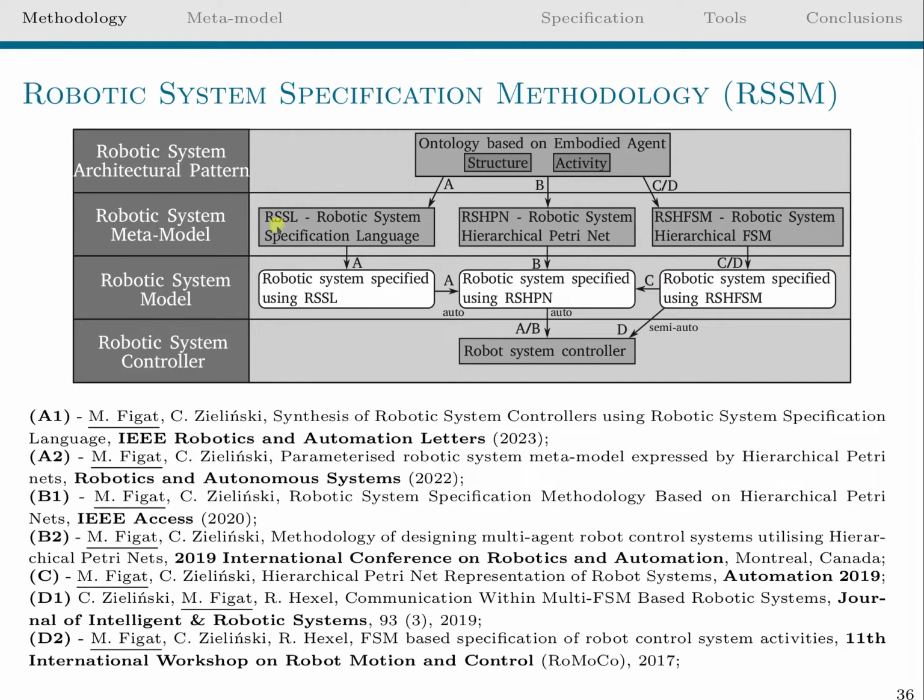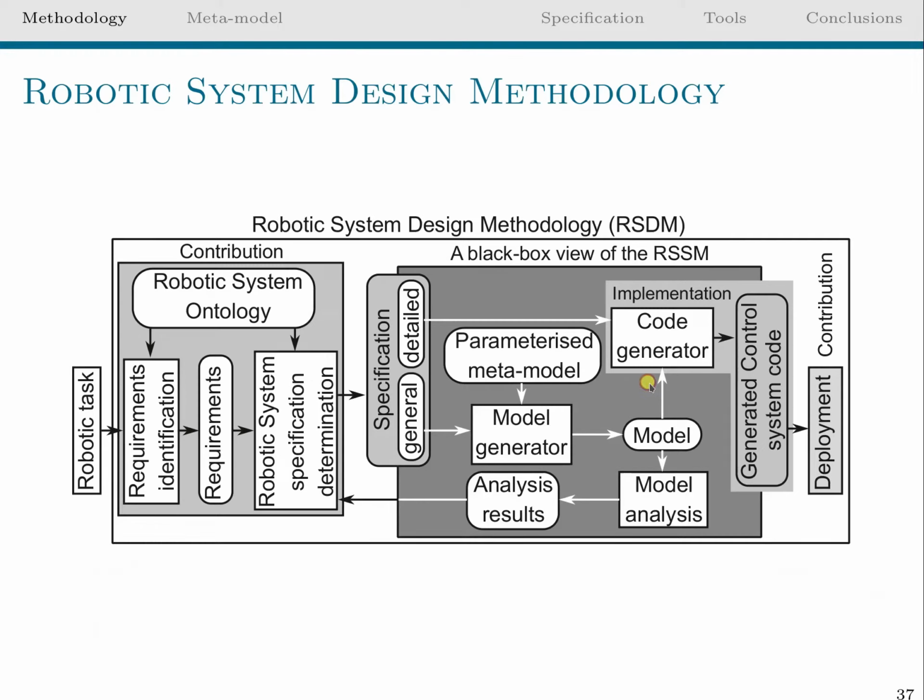In our approach, we utilized 3 different meta models. One focused on hierarchical finite state machines, another was based on Petri nets, and the third one on a domain-specific language. Based on those meta models, we can create a model, and then based on the model, we generate a robotic system controller code, either semi-automatically or automatically.